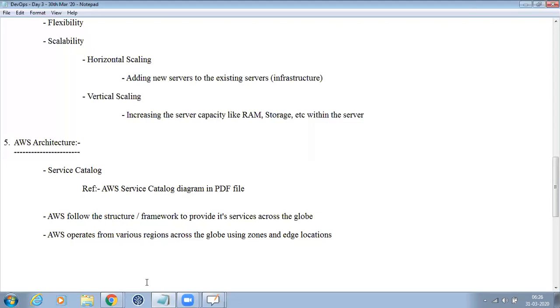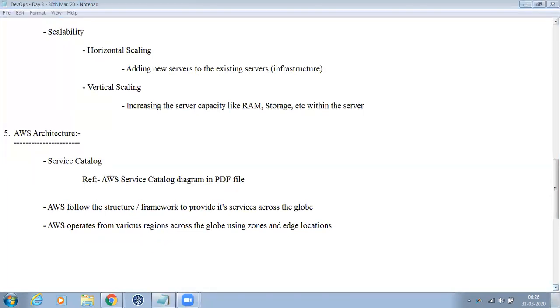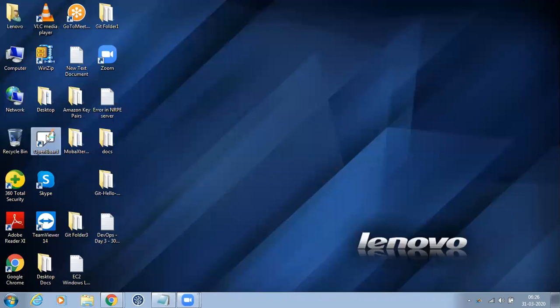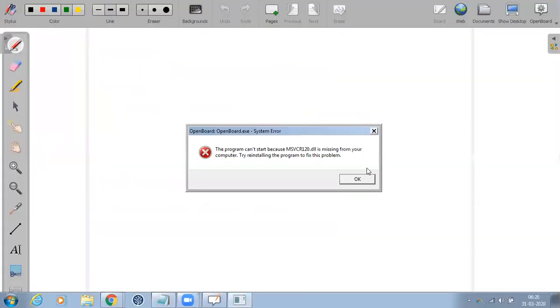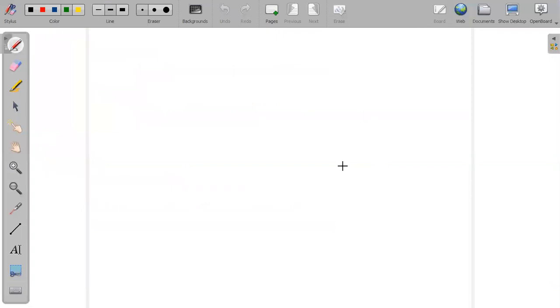So let's see what this edge location is. Let me draw a small diagram.